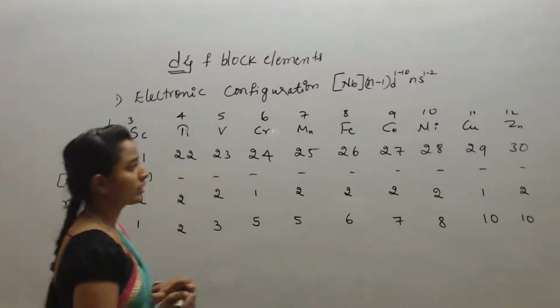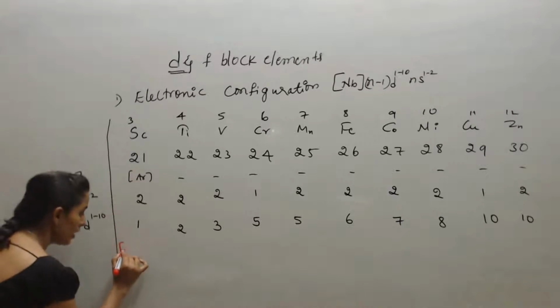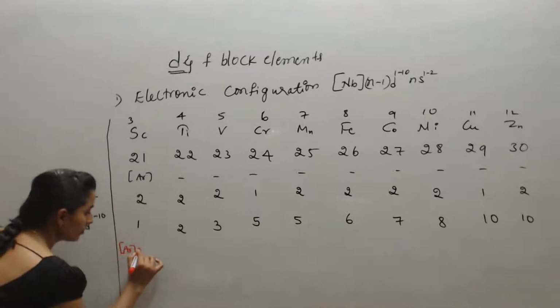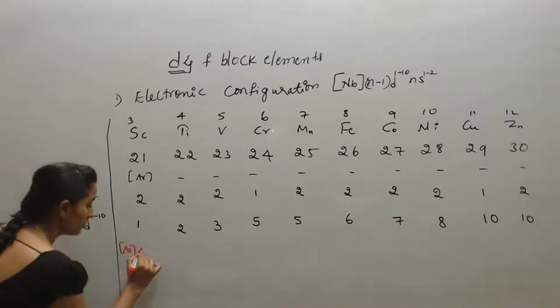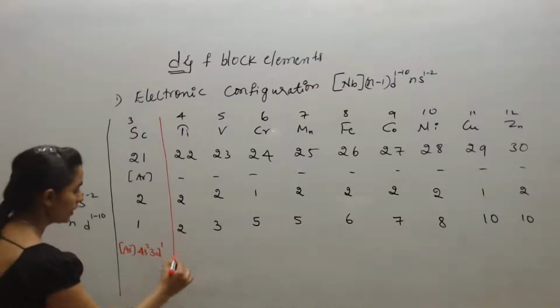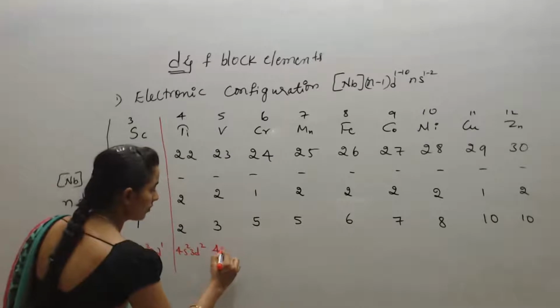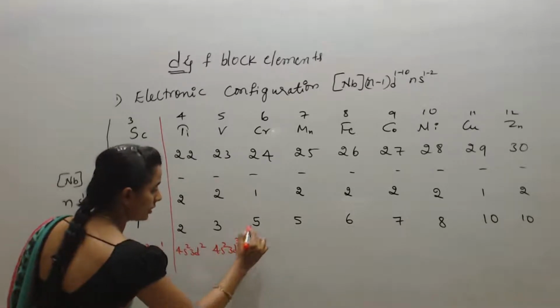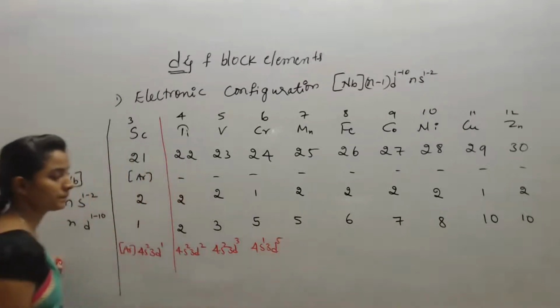So this is the electronic configuration, students. While we write these things, we finally get the noble gas, argon 3s2. Argon 4s2 3d1 for this. Here 4s2 3d2, here 4s2 3d3, here 4s1 3d5.